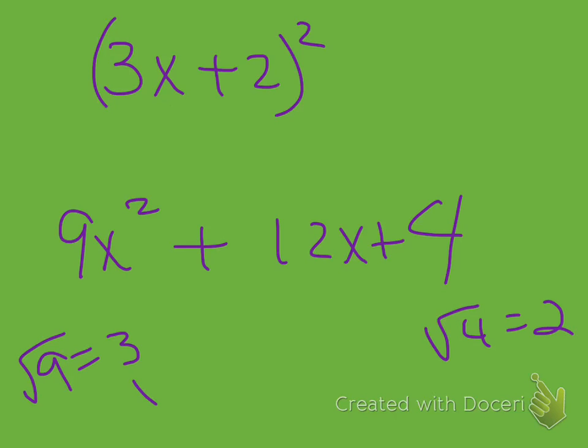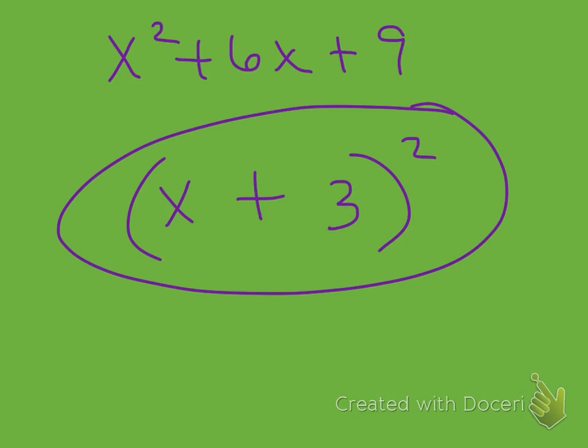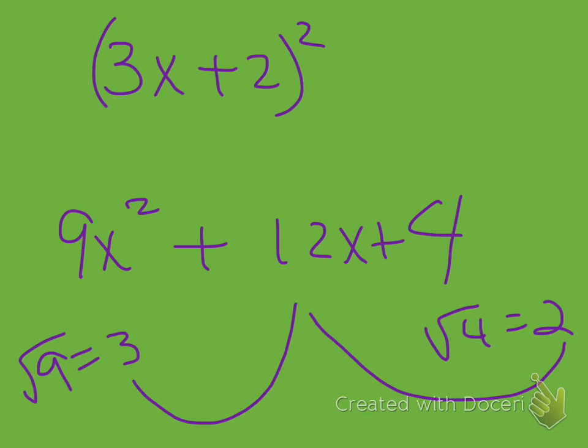Then I'm going to have to take this 3 and the 2 and somehow do something with it to get 12. Just like back here, I had to double to get the 6 after I took the square root of 9. I will double the 3 and the 2. I will double it. That does make 12. So there we go.